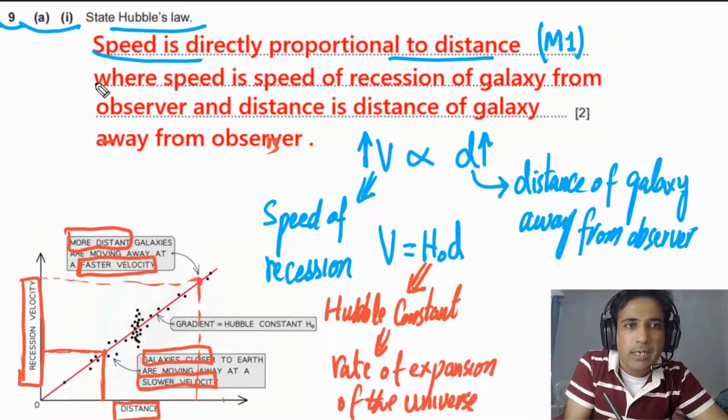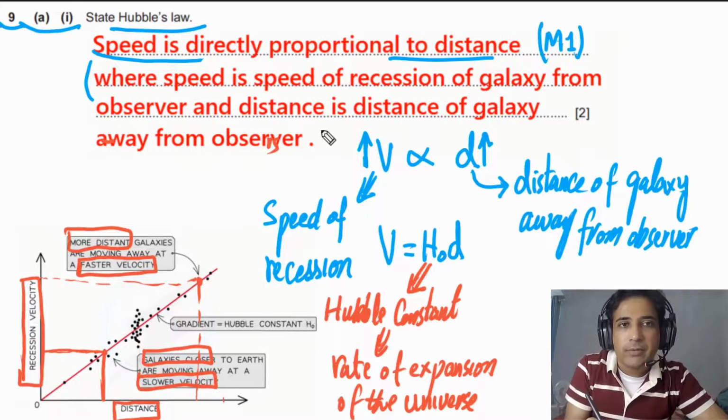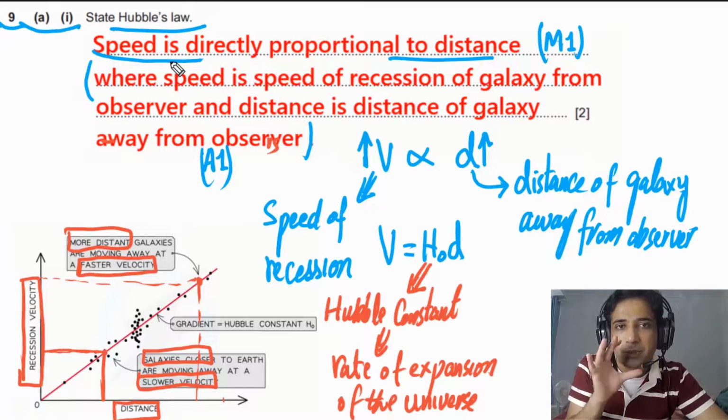The second mark is an A mark. If you have explained what the speed is and what the distance is, you will get the second mark.